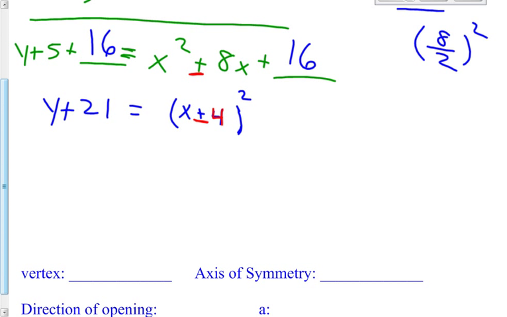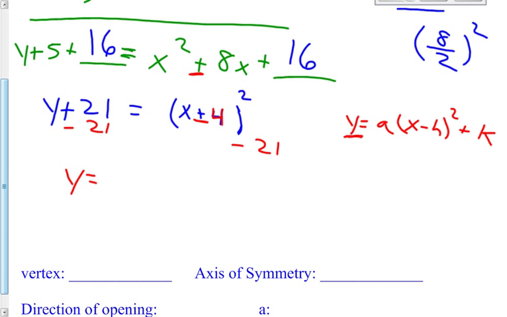All right, now in vertex form, which is y equals a times the quantity x minus h quantity squared plus k, y is all by itself, isn't it? So I need to get y by itself to put this into vertex form. So 21, I got to get rid of you. You're going to go leftward. So I have y all by itself now.